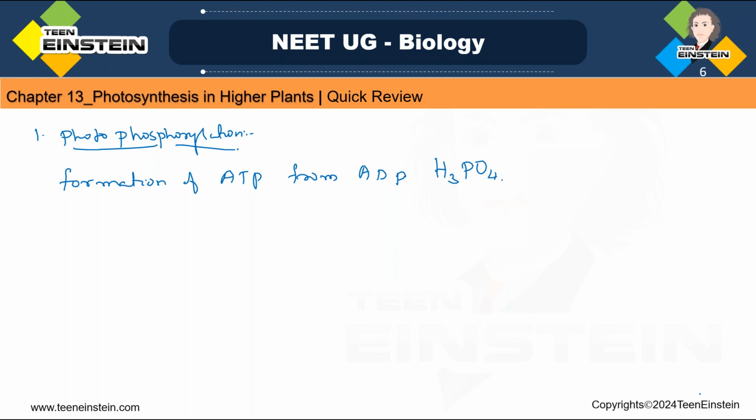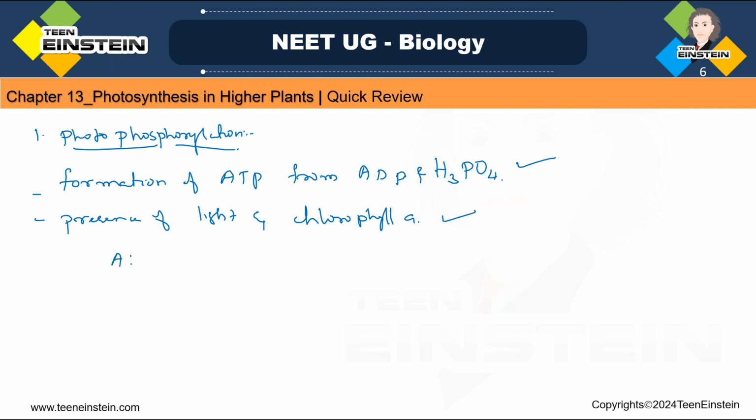So this is in the presence of light and chlorophyll A. This is a repeated question, and also a previous year question. The formation of ATP from ADP and H3PO4 in the presence of light and chlorophyll A is called photophosphorylation.